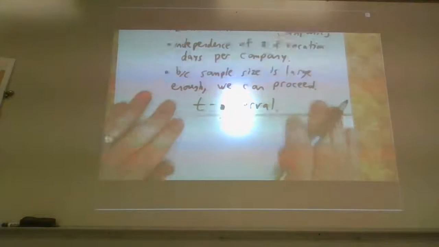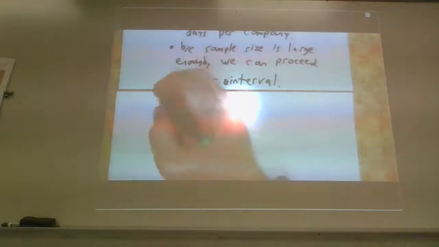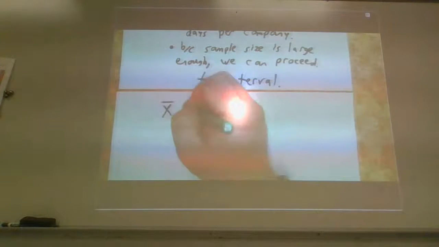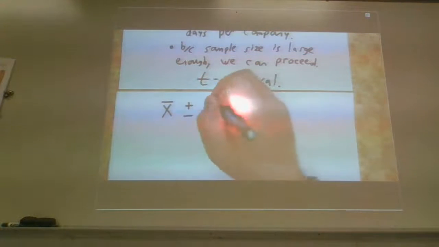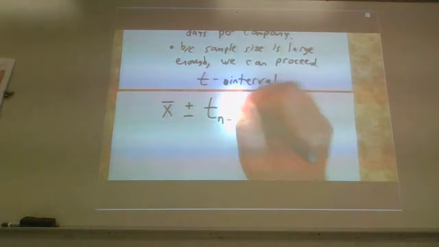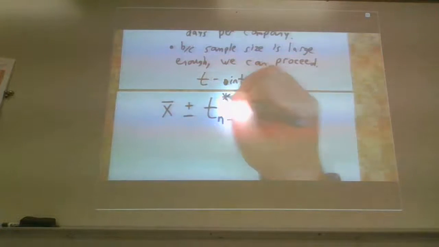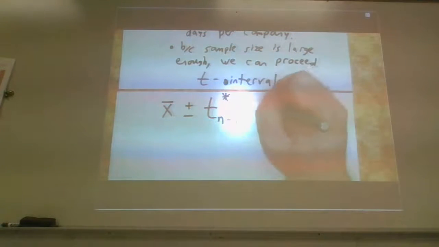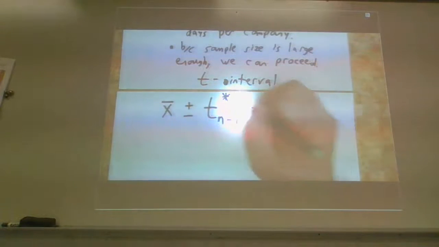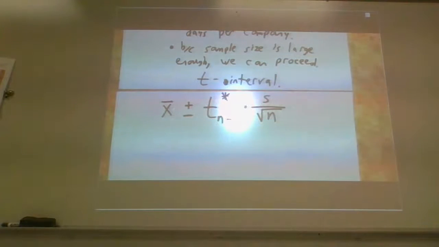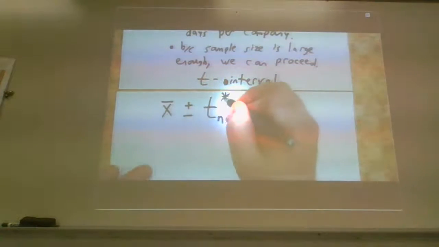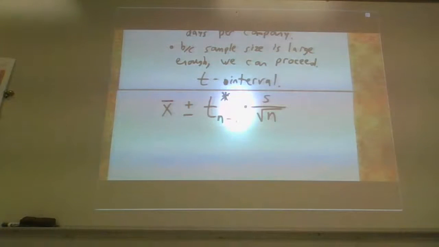Okay, hold on. I've written this down before. I want you to write it down again. This is how the t interval is calculated. Now, I'm going to do this two ways.